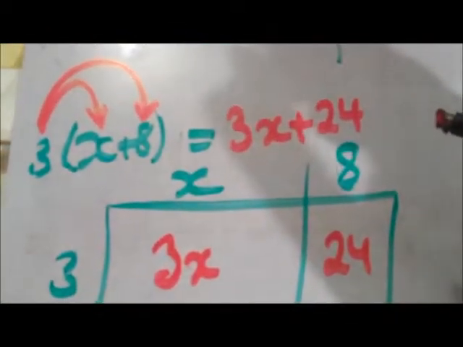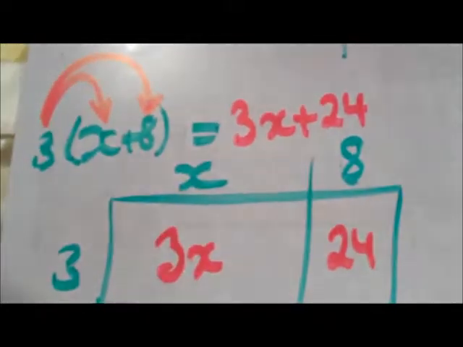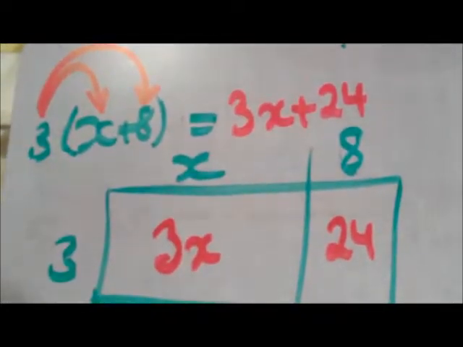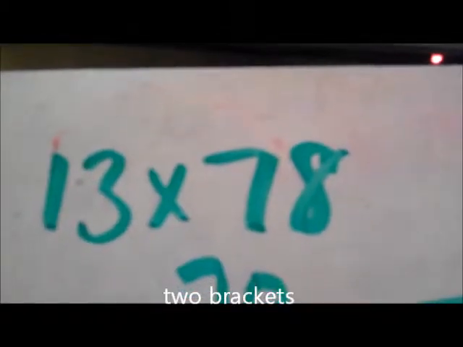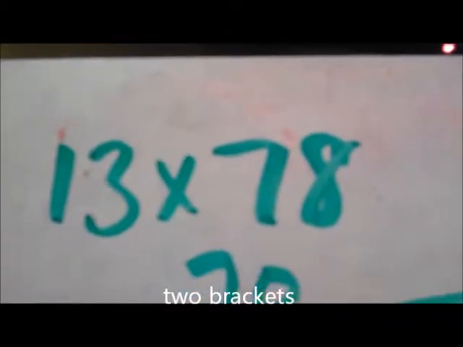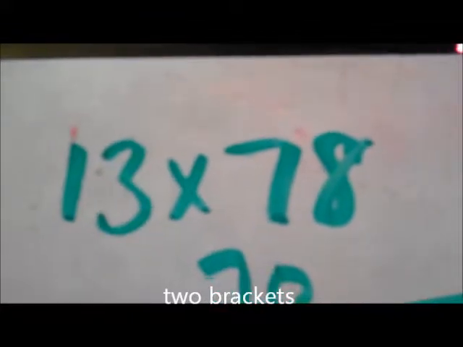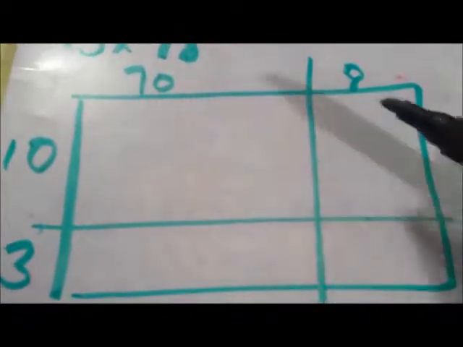Now let's look at a bit more complicated example, maybe 2-digit multiplication. I've got 13 times 78. So I'm going to break up my 13 into a 10 and a 3, because 10s and 3s are really easy to multiply. And I've got 70 and 8.